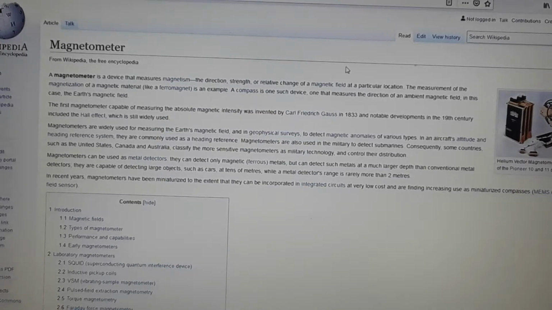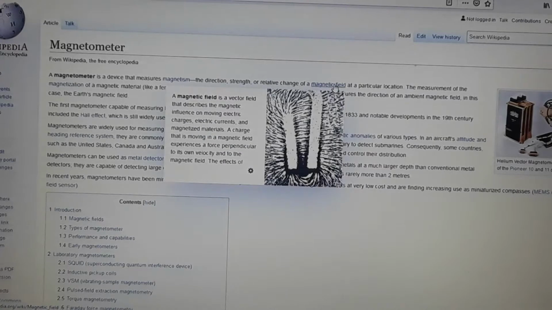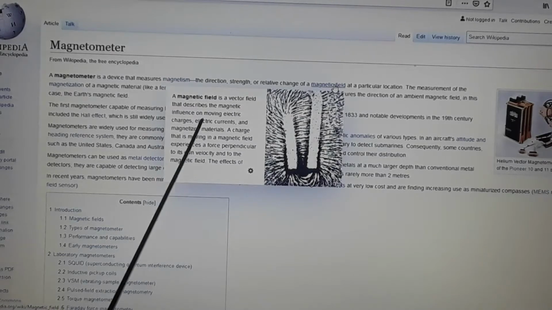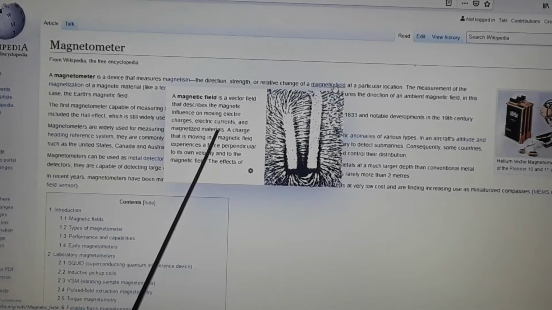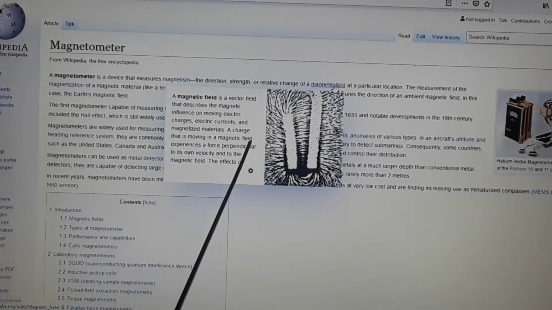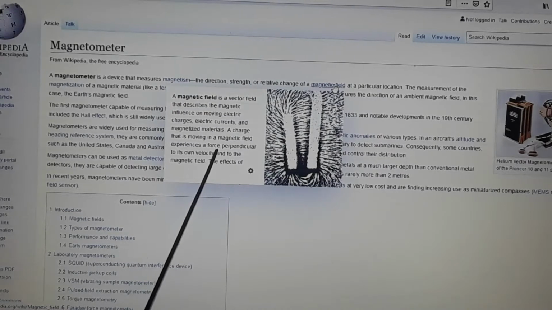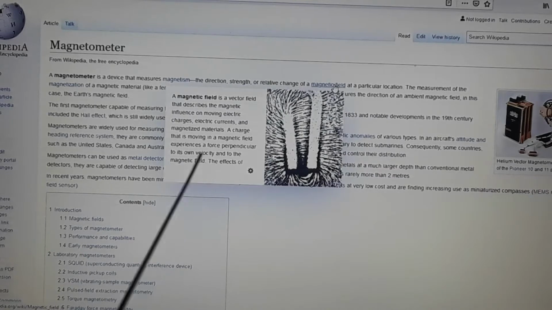A magnetic field is a vector field that describes the magnetic influence on moving electric charges, electric currents, and magnetized materials. A charge that is moving in a magnetic field experiences a force perpendicular to its own velocity and to the magnetic field.